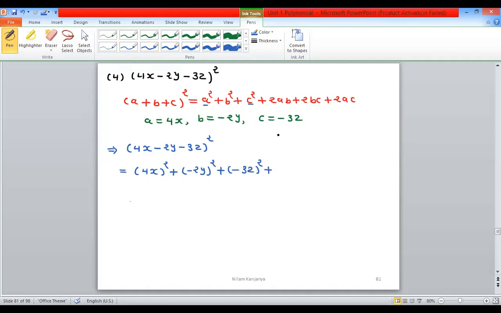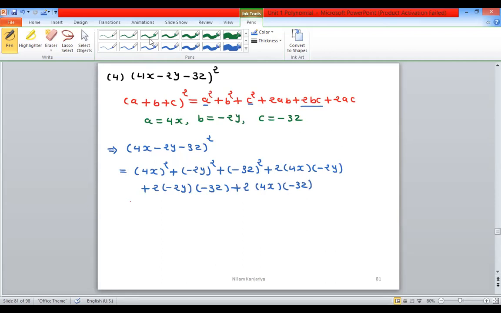Plus 2 into ab, 2a is 4x, b is minus 2y. Again 2bc, plus 2b is minus 2y and c is minus 3z, plus 2ac. A is 4x and c is minus 3z.